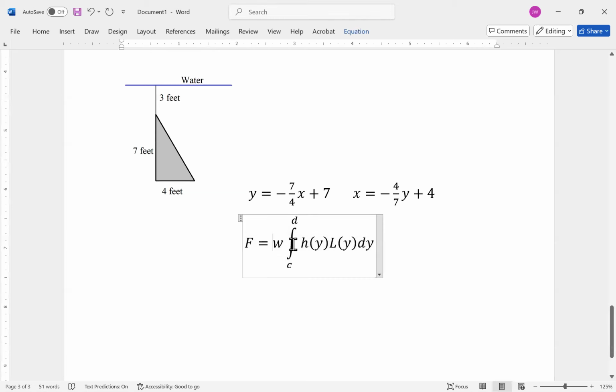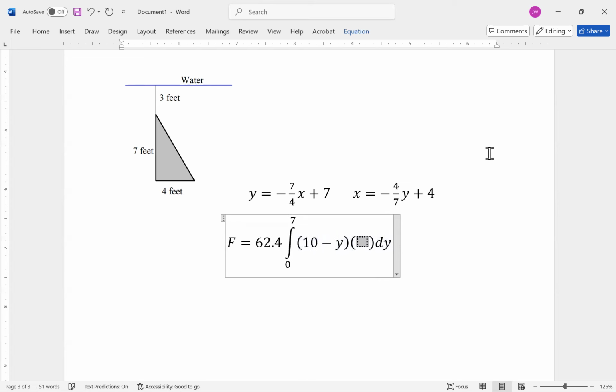So here's the setup. 62.4. In this case, if I let my origin be at that lower left-hand corner, we're going to start our integration at 0 and end at 7 because that's the top of the triangle. The depth, well, the depth now is, the water line is at 10 feet down to some arbitrary y value. So the depth is 10 down to some arbitrary y value.